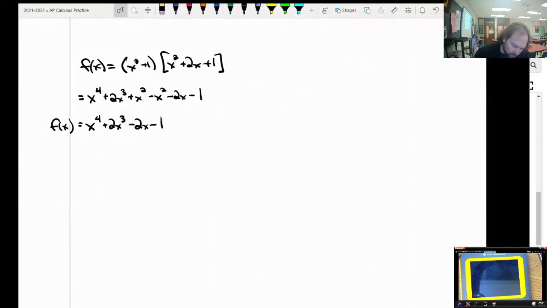Let's start with the derivative, f prime of x. It's going to be 4x to the third plus 6x squared minus 2. And that is that. Whew, that is not going to be a fun one. I'm wondering if this is going to have nice answers to it or not. It looks like it does have nice answers, so let's see.